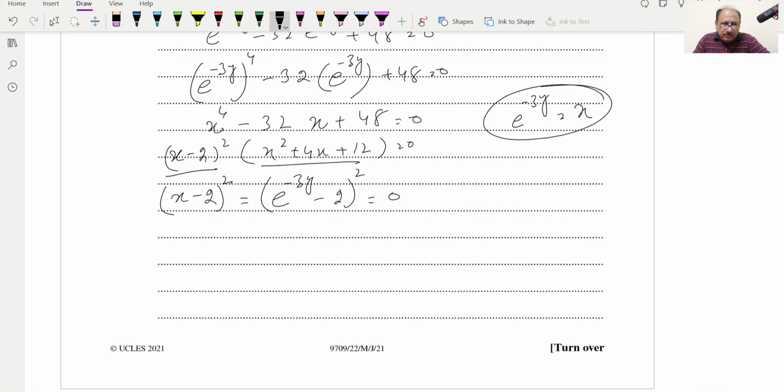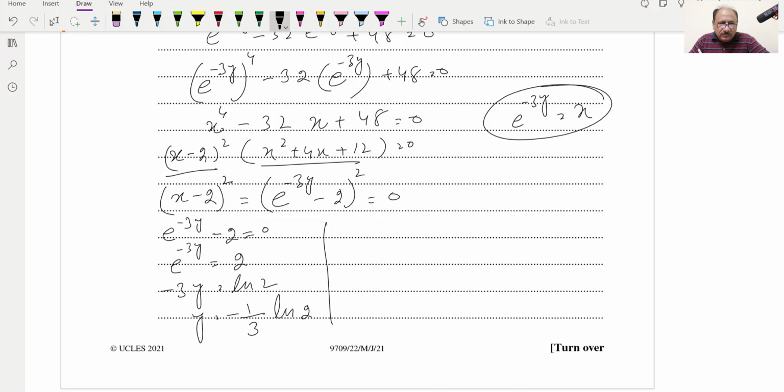So if we simplify, this will be e raised to the power minus 3y minus 2 is equal to 0. So e raised to minus 3y is equal to 2, and further we can take log on both sides. So minus 3y is equal to log 2. So y will be equal to minus 1 over 3 log 2.